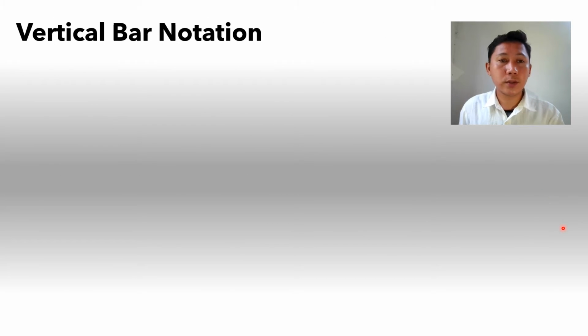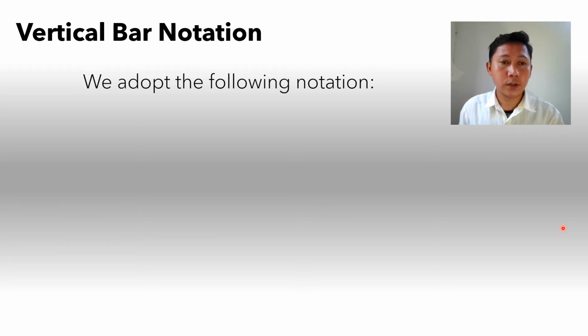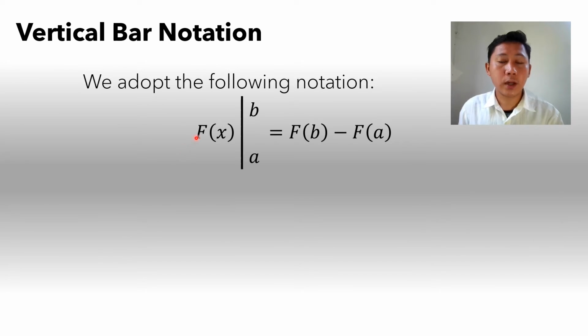Okay, so we will use the vertical bar notation. We adopt the following notation. The uppercase F of x evaluated from a to b is just equal to the value of our uppercase F evaluated at b minus the value of our uppercase F evaluated at a.